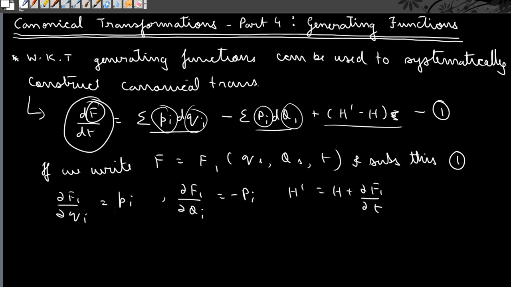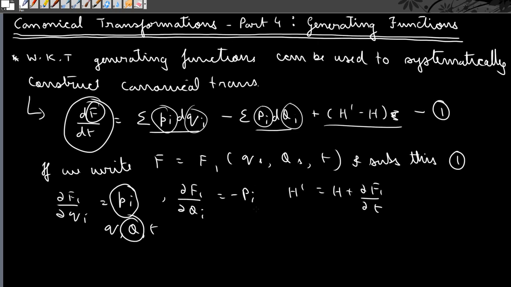So here we were able to express p_i as a function of q, Q and t, and from this we can invert the relation to get Q in terms of all the old coordinates and momenta, which is our first half of the canonical equation.